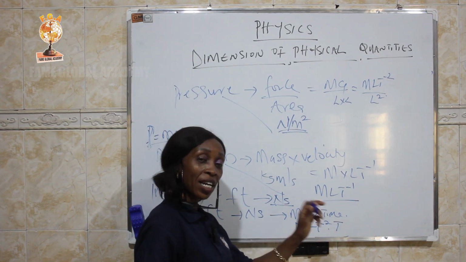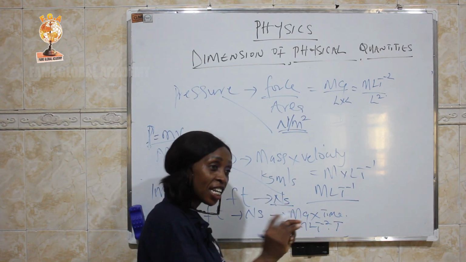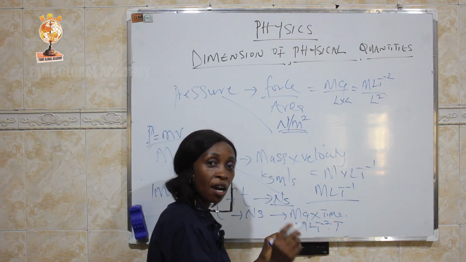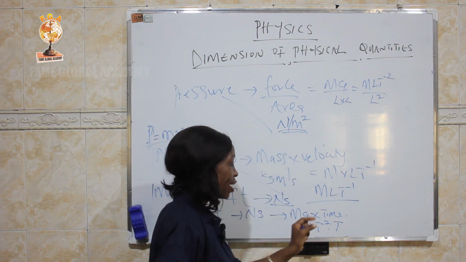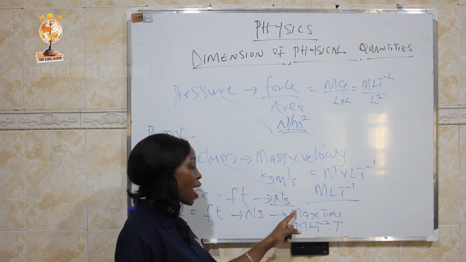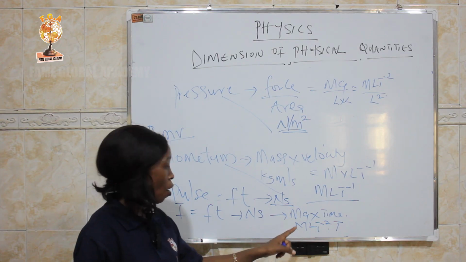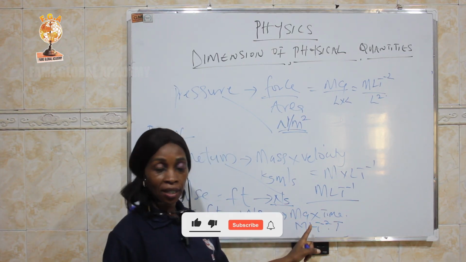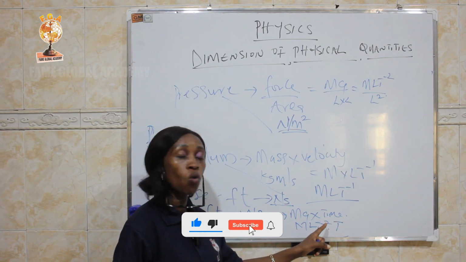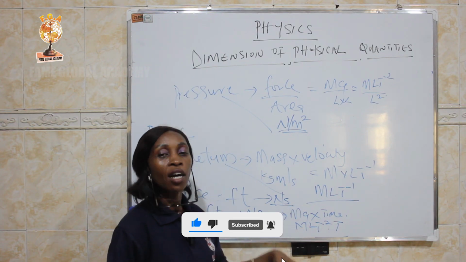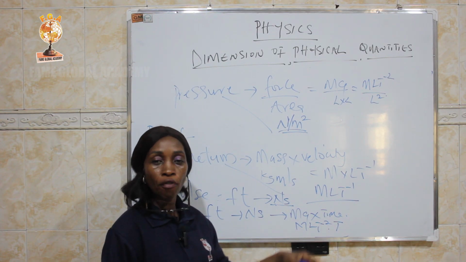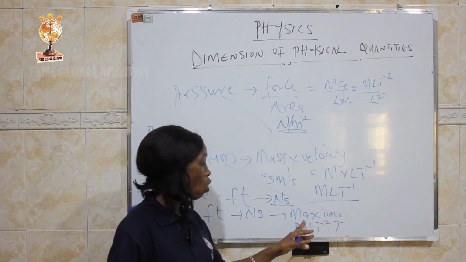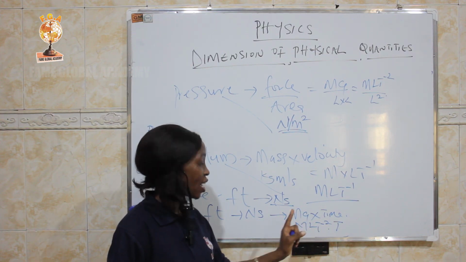Remember, once there's a symbol without any number on top of it, it is 1. M here is 1, L here is 1, but T is minus 2. Once the number is 2, 3, 4, you can put it there, but once it's 1, you don't put it there. You just know that it's 1.